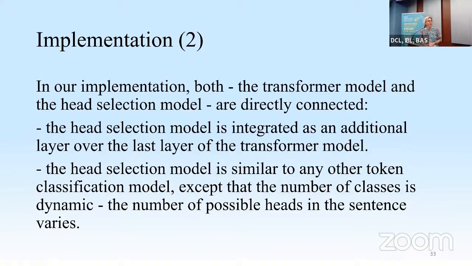In our implementation, both the transformer model and the head selection model are directly connected. The head selection model is integrated as an additional layer over the last layer of the transformer model because we believe that it should collect as much information as possible through the way and then take this decision about the heads. The head selection model is similar to any other token classification model, except that the number of classes is dynamic.